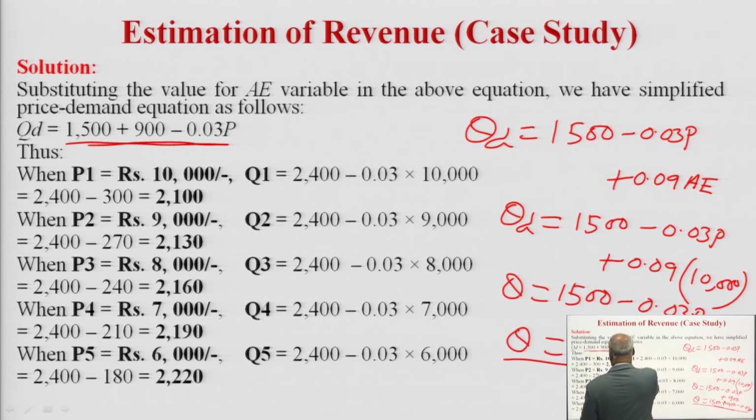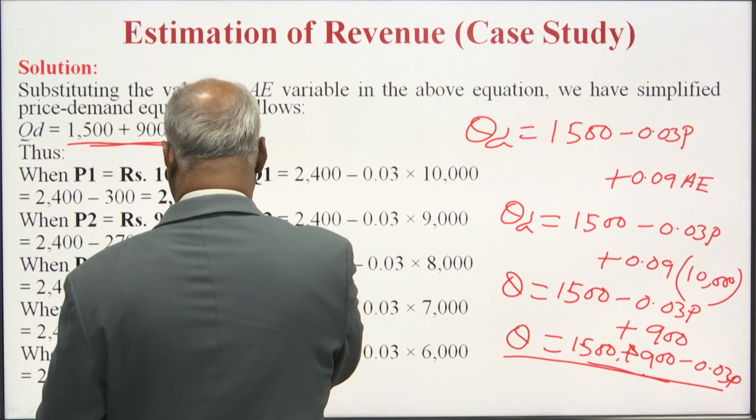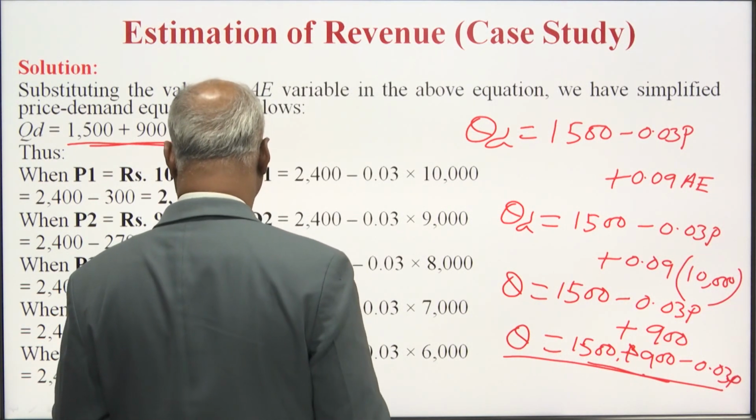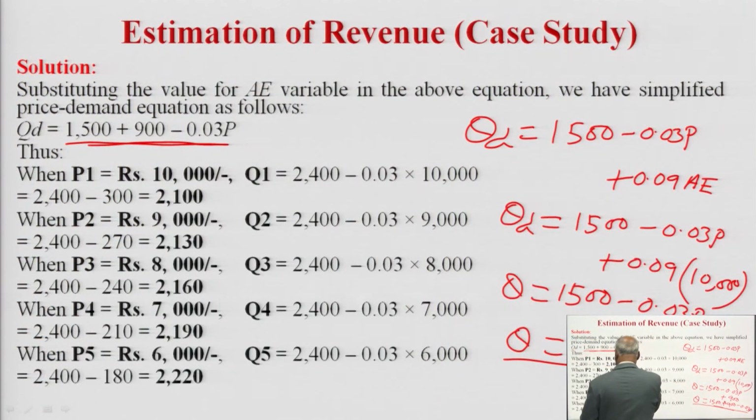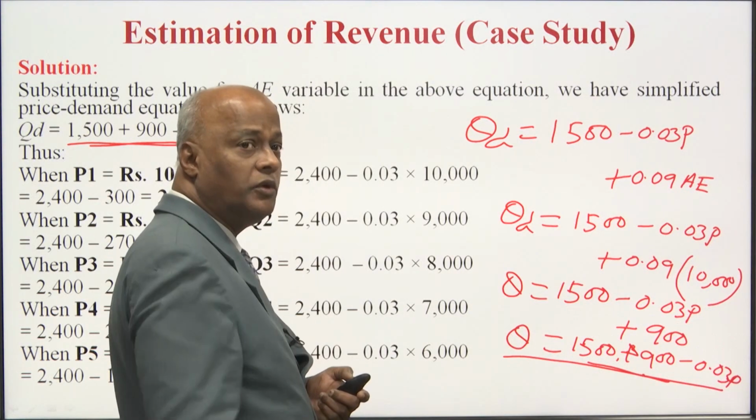And similarly, when it is 9,000, again replace this one. You will be getting 2130, and when the price is 8,000, you will be getting a figure of 2160, and when the price is 7,000, you will be getting the quantity demanded as 2190, and when the price is 6,000 rupees, the quantity demanded figure is 2220. Now from here, please see what relationship you are getting.